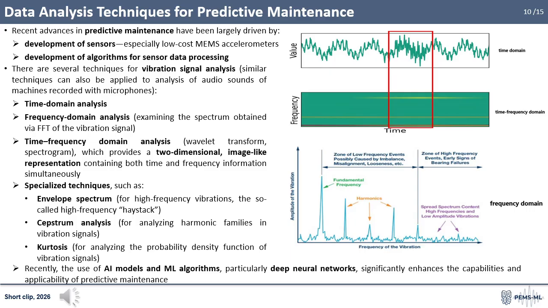In addition, specialized methods are often used, such as envelope spectrum analysis for high-frequency vibrations, cepstrum analysis for identifying harmonic families, and kurtosis for evaluating the statistical characteristics of vibration signals. More recently, the application of AI and machine learning models, particularly deep neural networks, has significantly expanded the capabilities and practical use of predictive maintenance. These techniques can also be used to analyze audio signals in audio-based predictive maintenance.